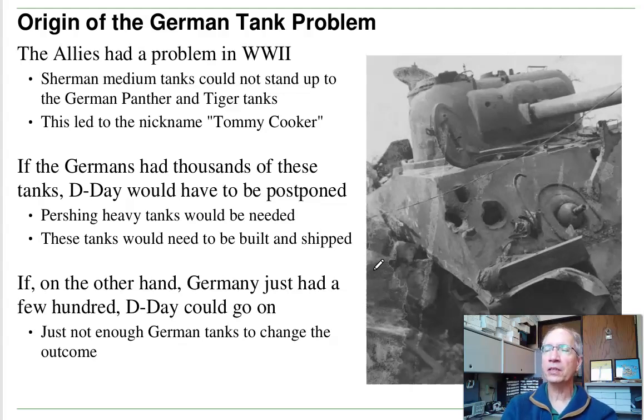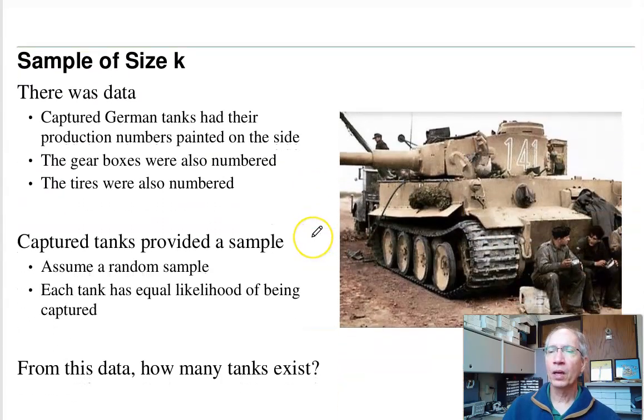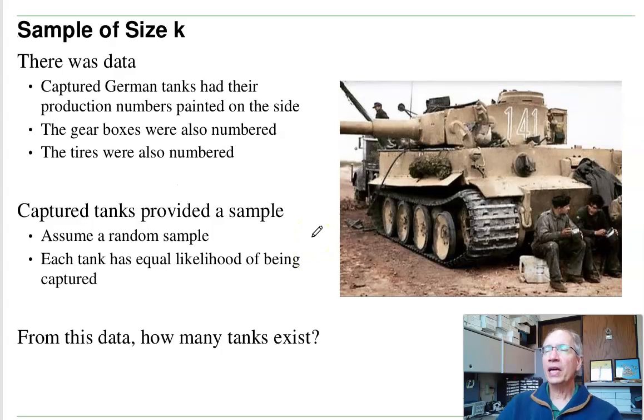So how do you tell how many German tanks or how many Panther and Tiger tanks the Germans had? Well, we had information. We had intelligence telling us that there were thousands of tanks being built every month. We also had information from actual tanks. When we would capture a Tiger or a Panther tank, it had the number of the tank printed right on the side.